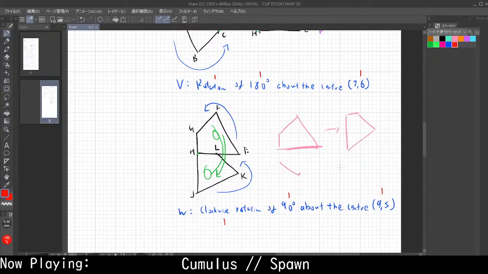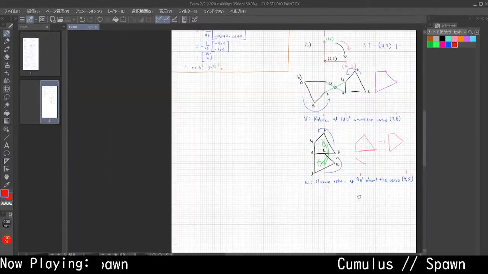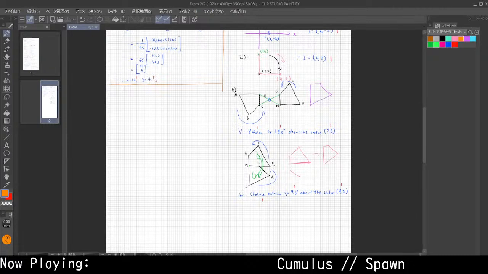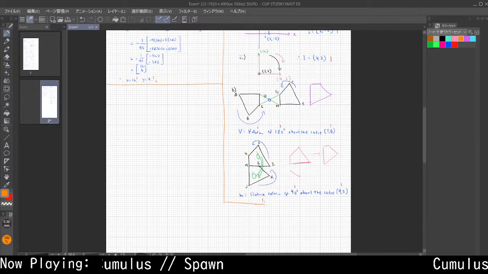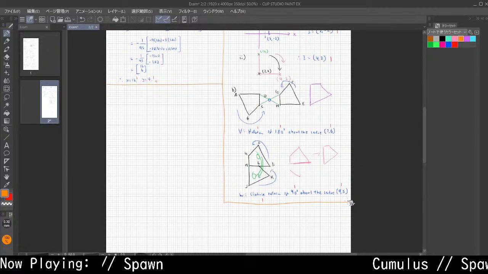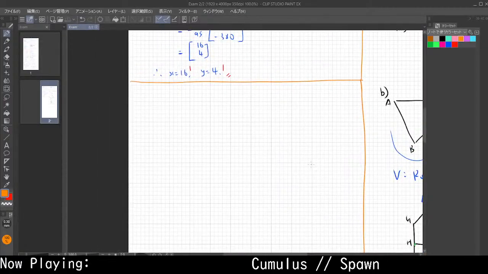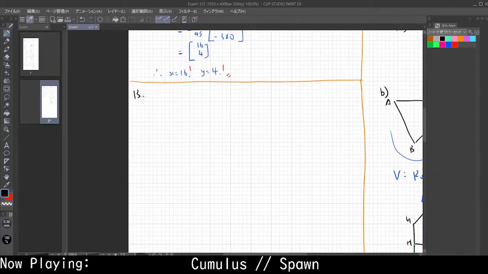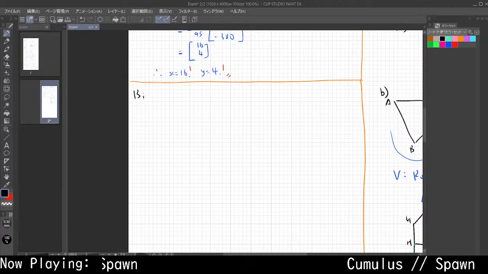Next. Okay. Question 13, yet another transformation question. Let's take a look at it. Okay, so Q13, we have diagram 10 showing the quadrilaterals ABCD, PQRS, PTUV.